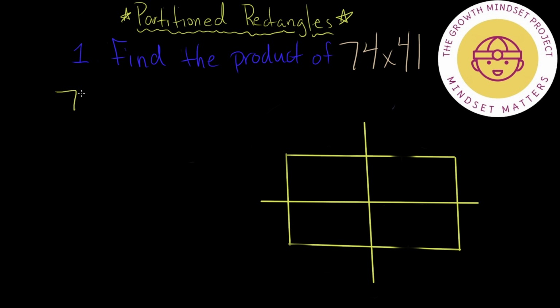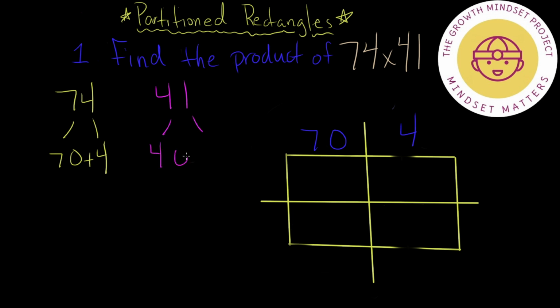And let's decompose our numbers. 74 is really just 70 plus 4. So I'm going to put right here 70 and 4. 41 is really just 40 and 1. Okay, so I'm going to put 40 here and I'm going to put 1 here.